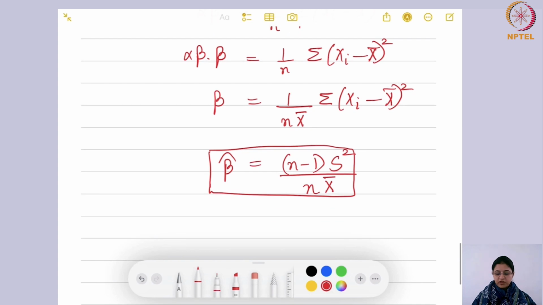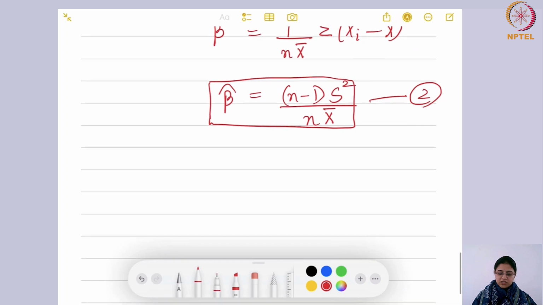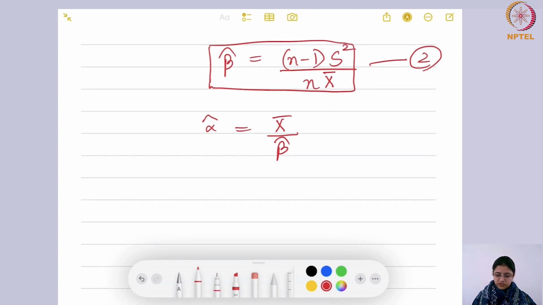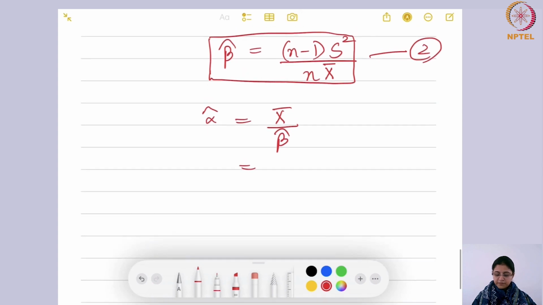Now since you have obtained beta hat, you can substitute it in the first one, that was alpha beta is equal to the sample mean. If I have to find alpha hat, it would be X bar by beta hat, the estimator that we have found for the second parameter. If you substitute that, what will you get?